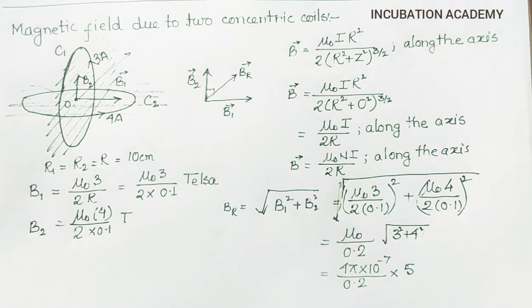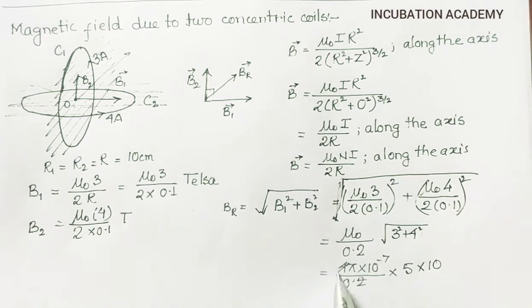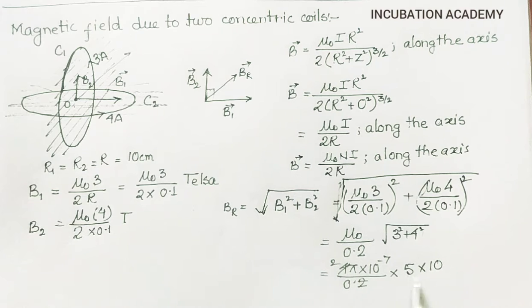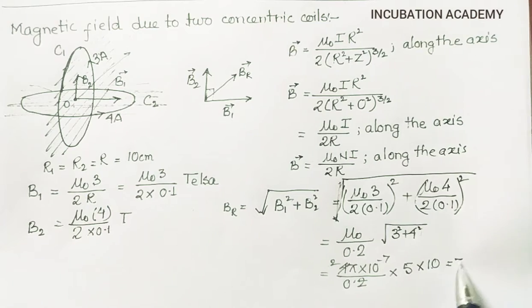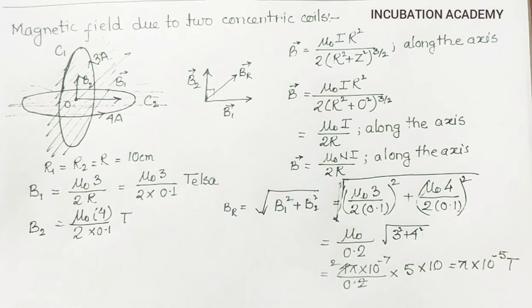If you calculate this, it becomes pi into 10 to the power minus 5 Tesla.